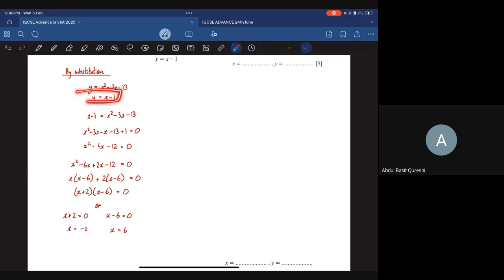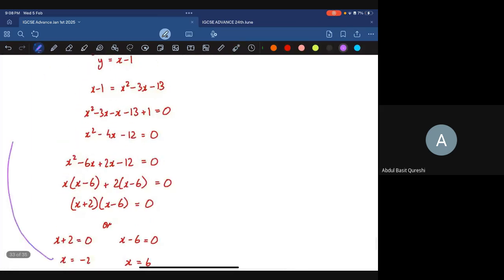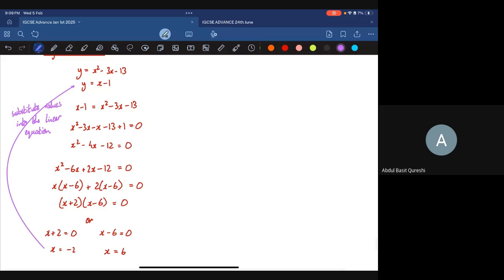So remember this as a technique: always try to substitute values into the linear equation, because, common sense, guys, that's easier to do. If you have a question which has one linear and one quadratic equation, try to put the values into the linear equation because that's much easier to do.